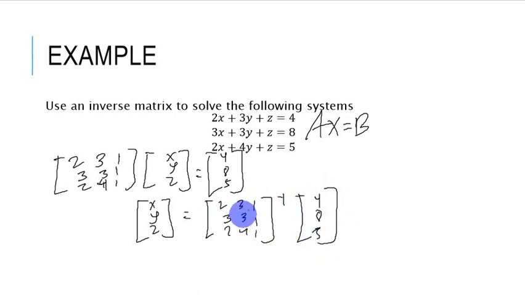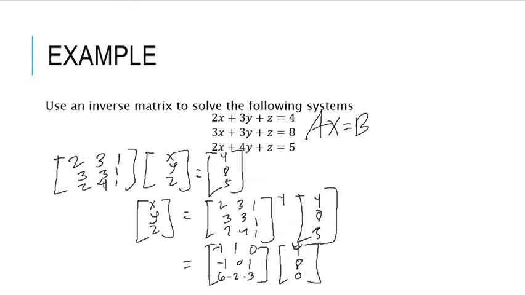And this is actually the same matrix as the previous example, so we know that its inverse is negative 1, 1, 0, negative 1, 0, 1, 6, negative 2, negative 3, and you multiply it to 4, 8, and 5.